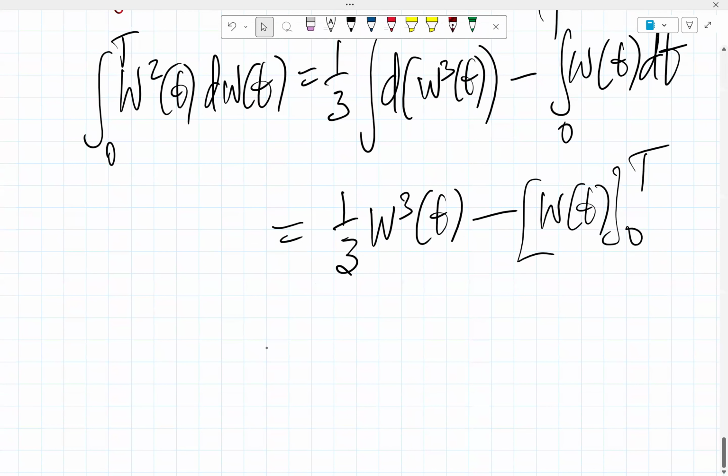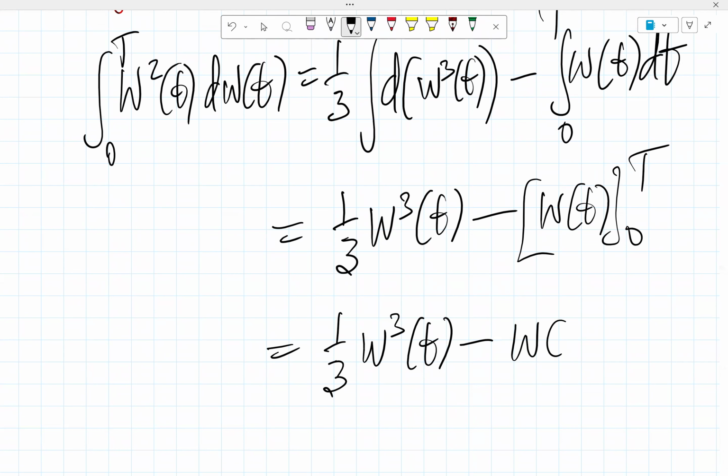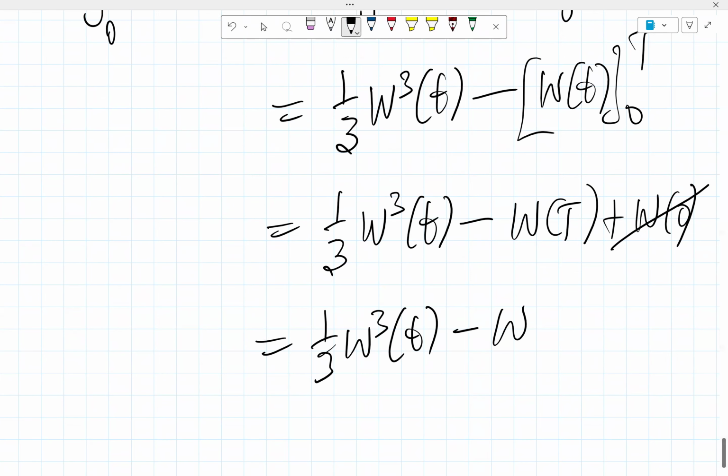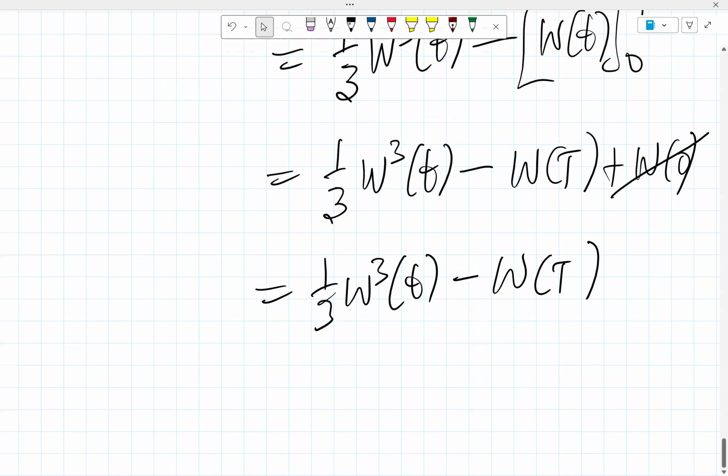So that becomes 1 over 3 w cube of t minus w of t, plus w of 0. Of course, this is going to 0. So we finally have 1 over 3 w cube of t minus w of t, and that is the final answer.